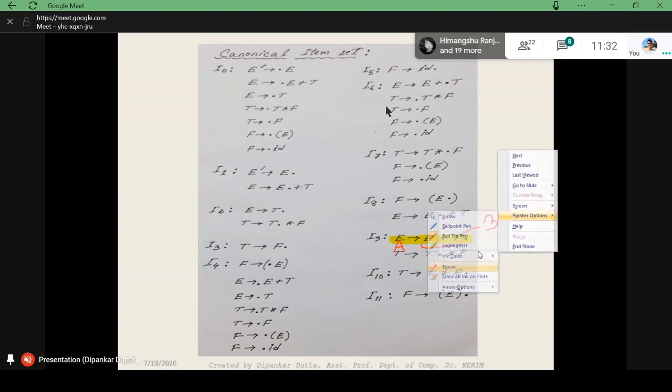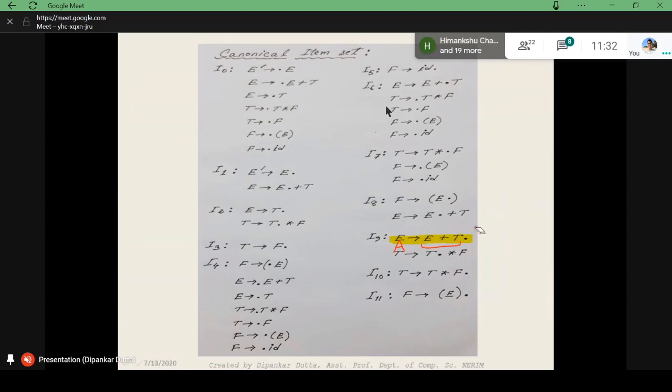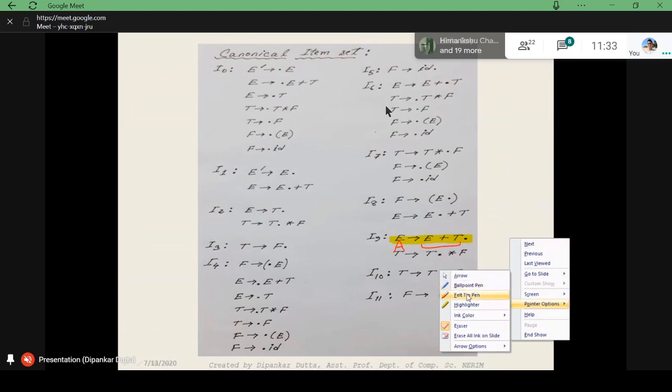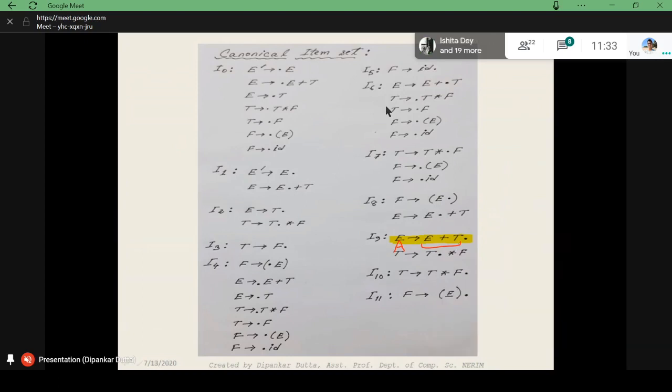According to rule number 3, what to do now? We have to check the follow symbols for E. Follow of capital E, if you check, you will get right bracket dollar.